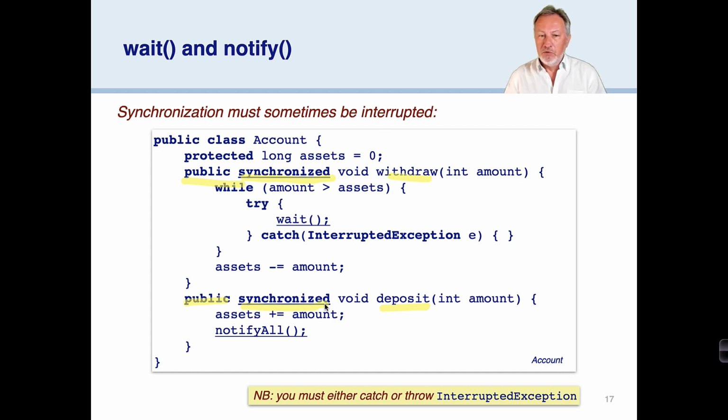However, notice in this particular class, when we want to withdraw a certain amount of money, if that money is not available, if the assets are not there, then we can either raise an error, which is probably not a good idea, or instead we can wait until the money is there.